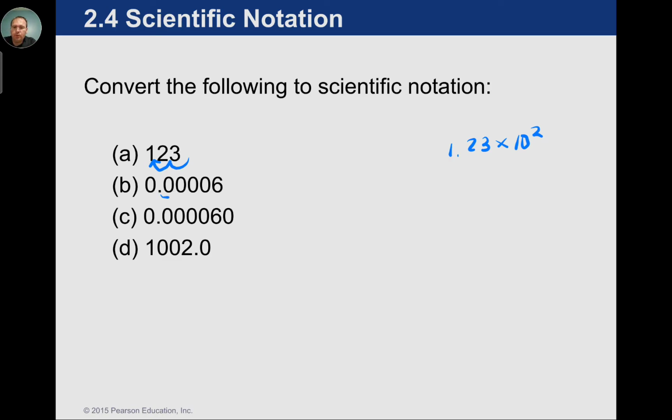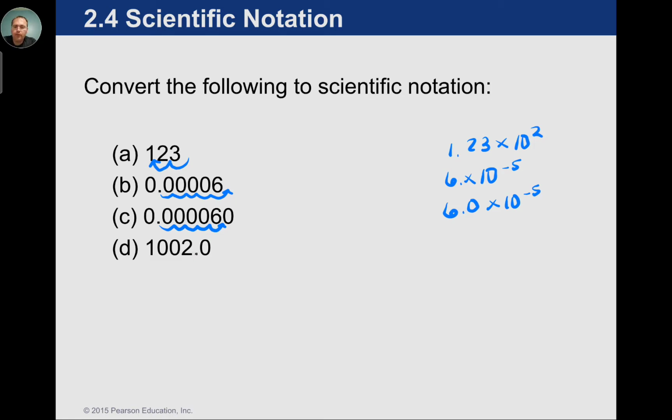So here we're going to go -1, -2, -3, -4, -5 times 10 to the -5. Here we have -1, -2, -3, -4, -5 again, but now we have a trailing 0, so now we have 6.0 times 10 to the -5.